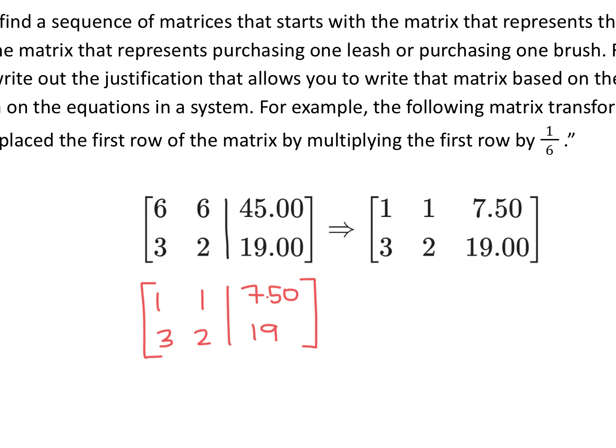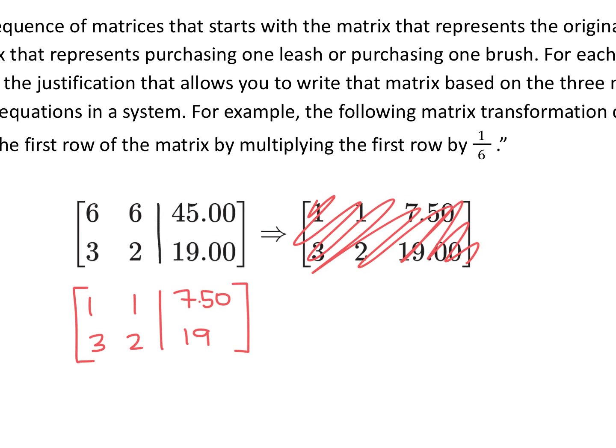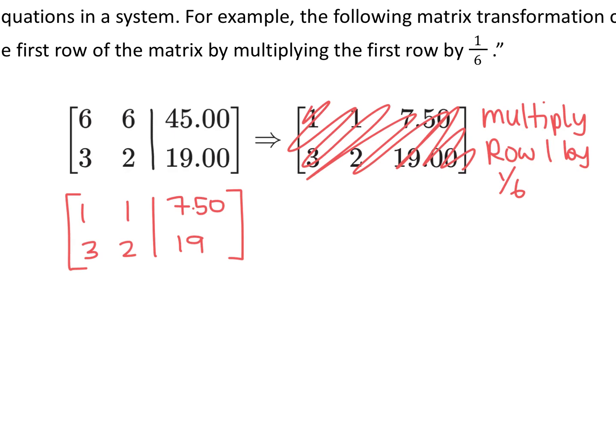Okay, so I'm going to cross this off here because this is where I'm going to write what happened. Looks like we multiplied row 1 by 1/6. Okay, now that looks more simple.